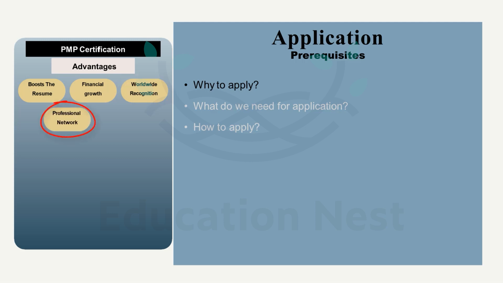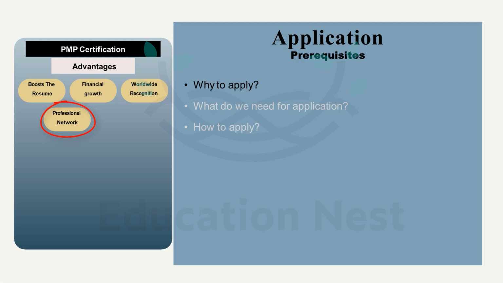Professional network. When you become a PMP, you will be invited to many professional meetings, such as PMI chapters. I imagine that you all know that these chapters exist. For those who don't know, PMI organizes meetings at a scheduled frequency, which involve project managers from different areas and industries, and they all gather there to share their experiences and knowledge.